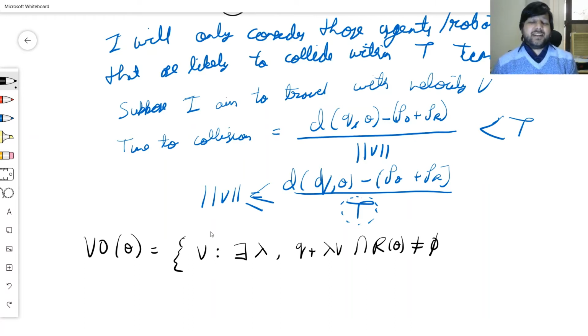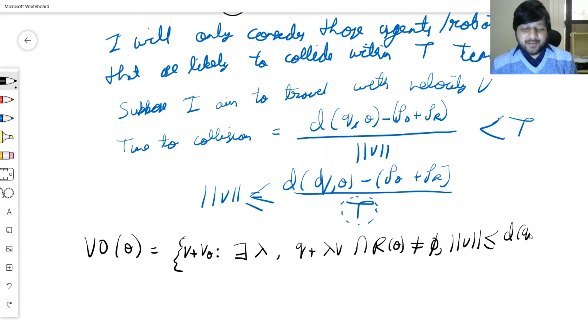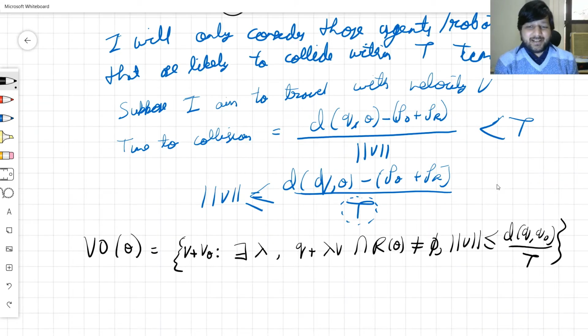So instead of taking v, I will take v plus vo. It was minus vo and then I added plus vo. And along with that, I'll add this constraint that the magnitude of v has to be less than or equal to d(q, q0) divided by t.